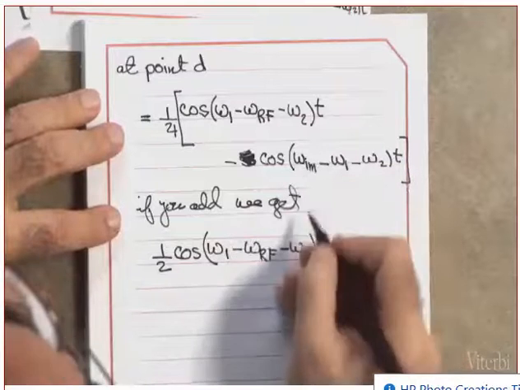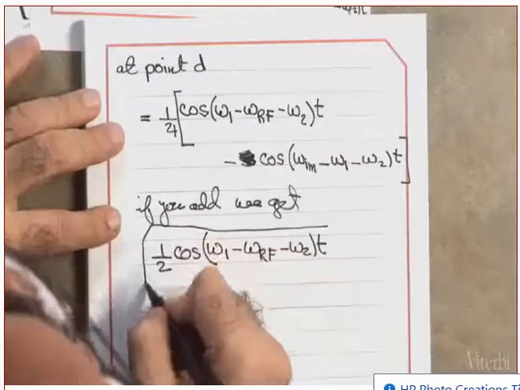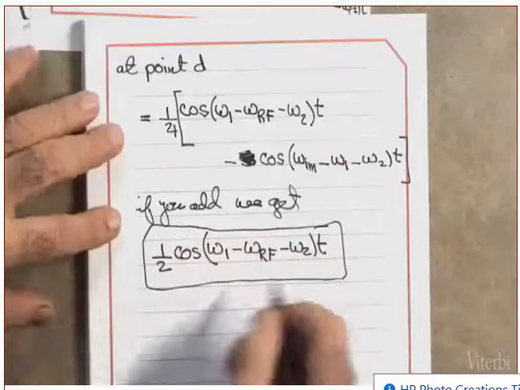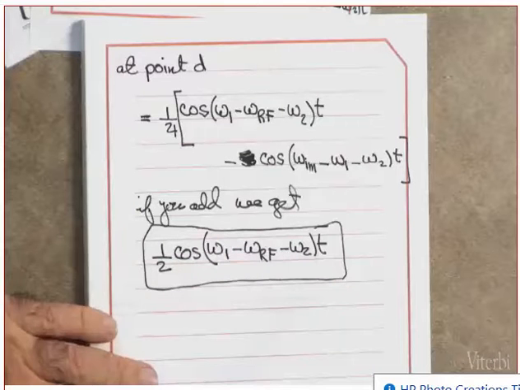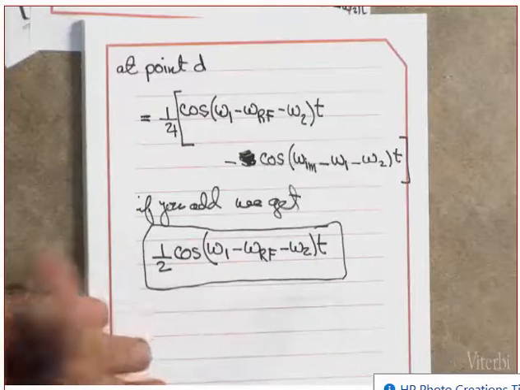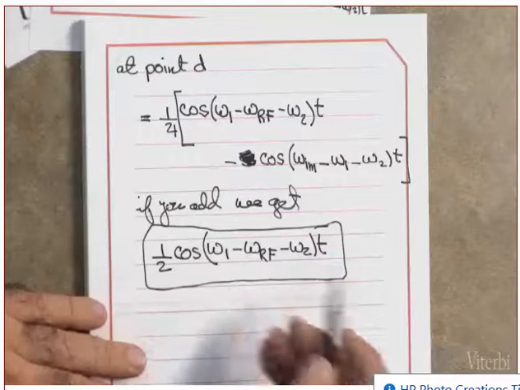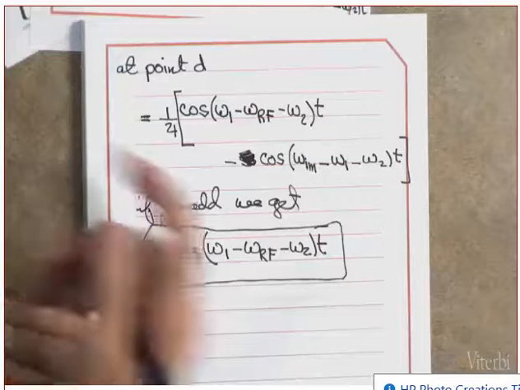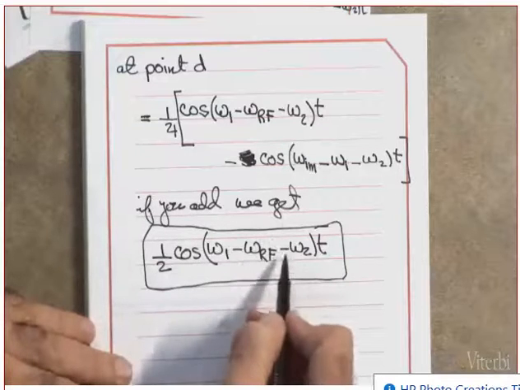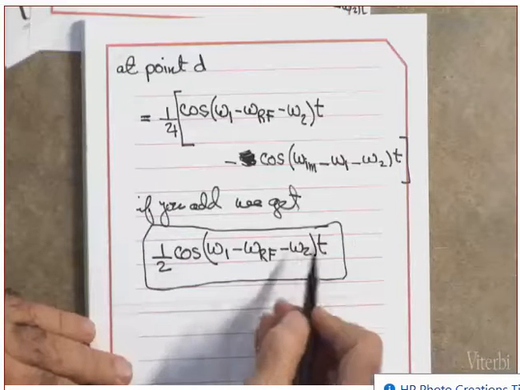This one will cancel. Where is the information centered? The information here was centered around omega RF, but now it has been shifted toward omega RF minus omega 2.